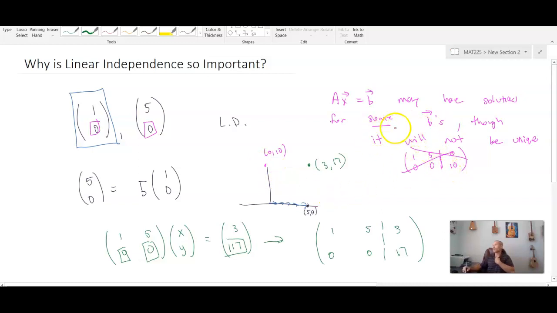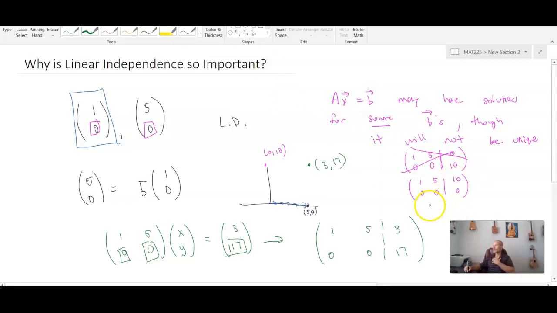Now, it will have solutions for some vectors. For example, let's say that we want to use these two, determine their coefficients, and add them together tip to tail to make it to, we'll say, (10, 0). Well, there's lots of ways you could do that with (1, 0) and (5, 0). In fact, infinitely many ways.